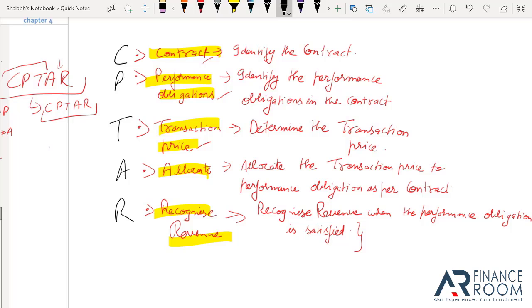This is a 5-step model which we shall be applying practically to determine what a contract is, how to determine a performance obligation, and how we know what is a separate promise and what is not. Always write a word: what do you mean by performance obligation? Separate promise, something which has the capacity of being delivered separately.